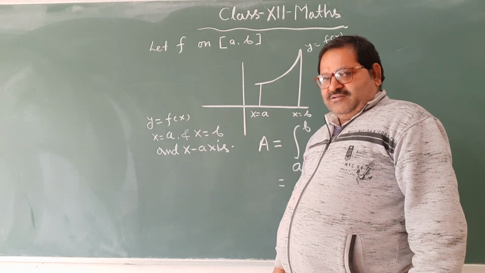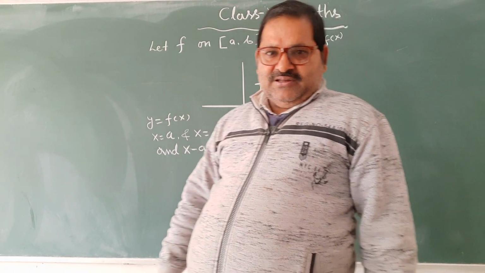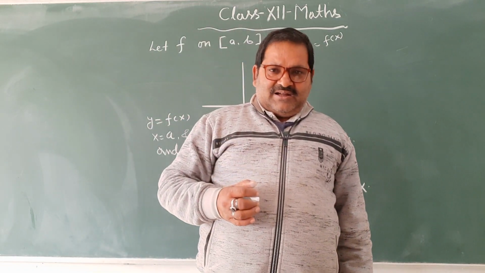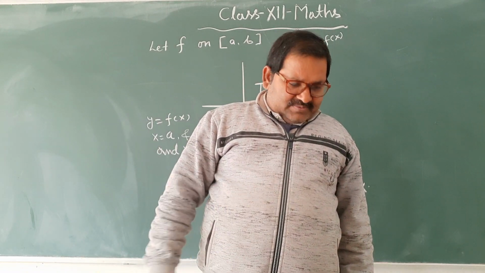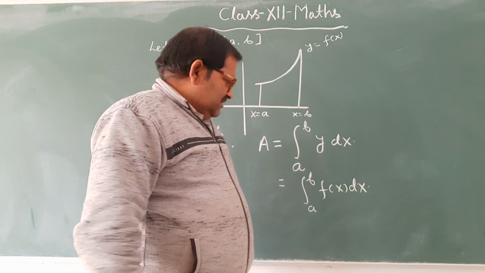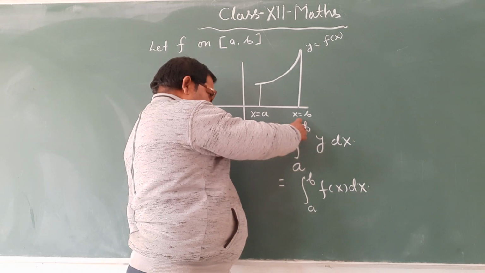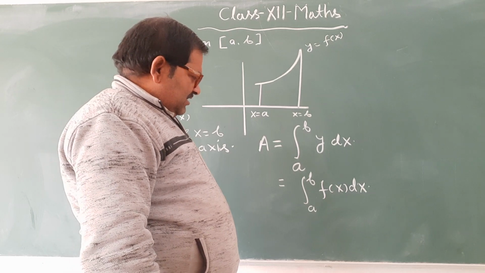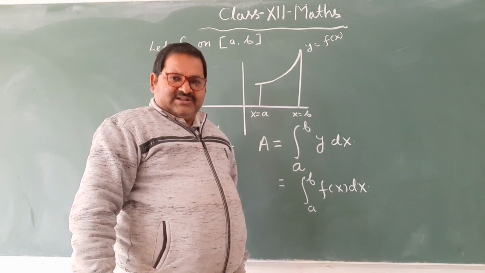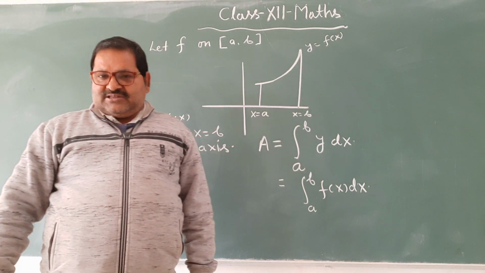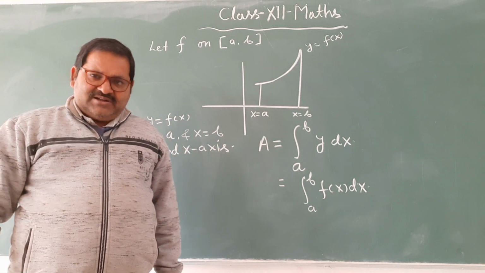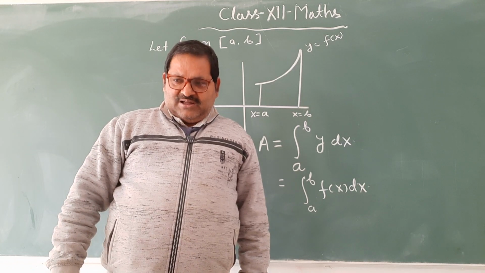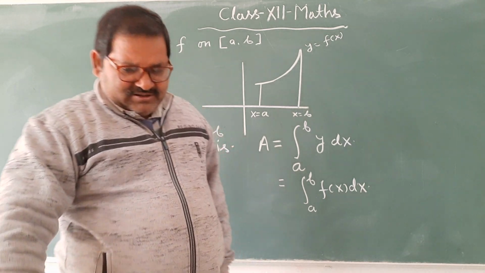To find the area between the curve is integral A to B y dx or integral A to B fx dx. A is the lower limit and B is the upper limit of the function. Clear?